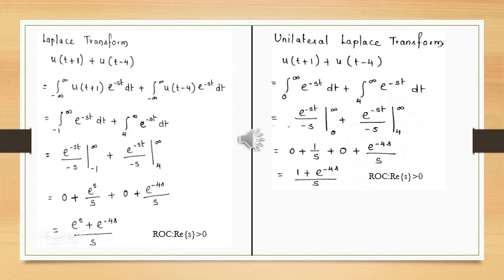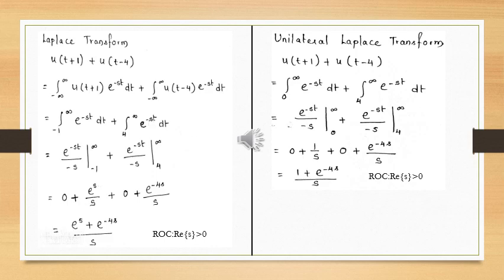So we write integral 0 to infinity e raised to minus st dt, plus for the second term we have integral 4 to infinity e raised to minus st dt. Solving the integral, we get e raised to minus st divided by minus s over the limits 0 to infinity. Plus, for the second term, we get e raised to minus st divided by minus s for the limits 4 to infinity.